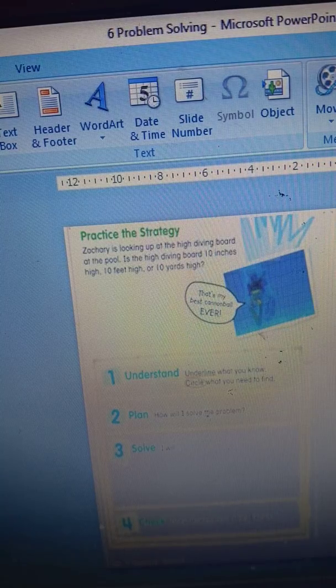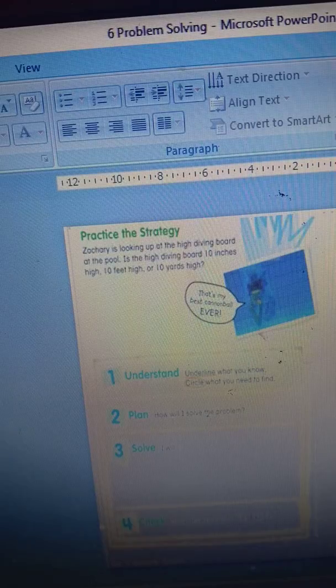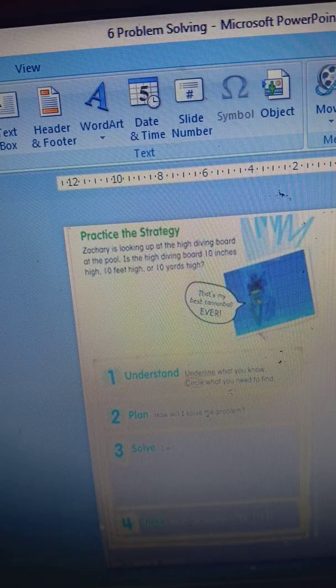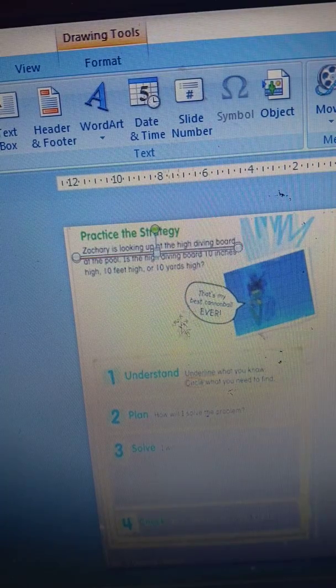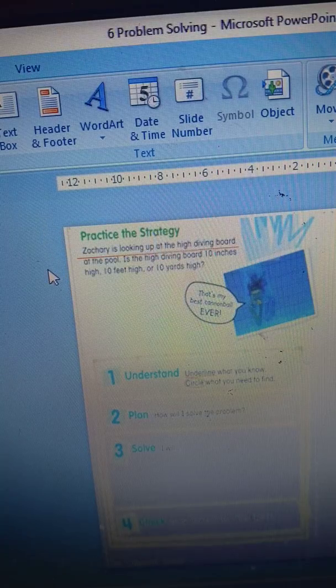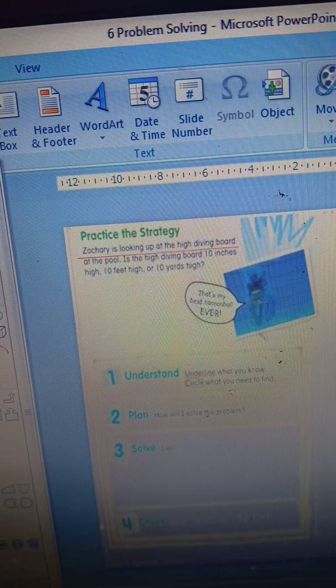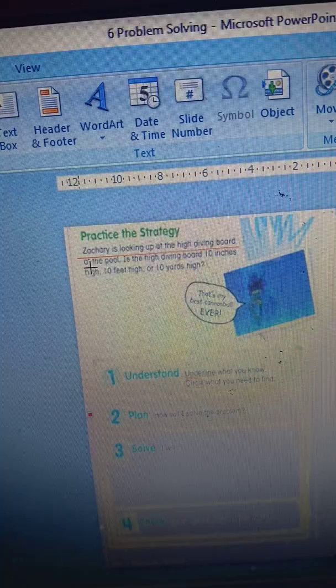First, we will underline what we know. What do we know in the problem? We know that Sahari is looking up at the height of the diving board. Correct. What else?